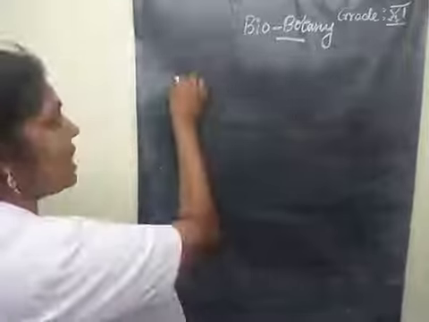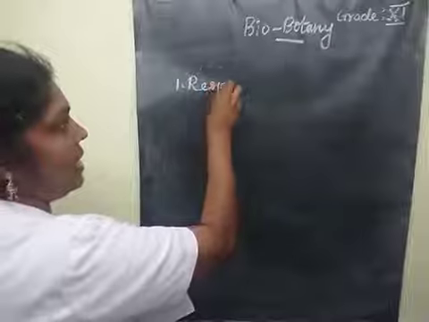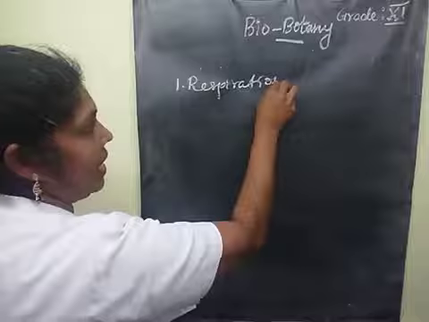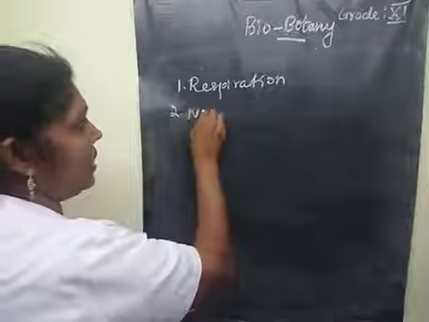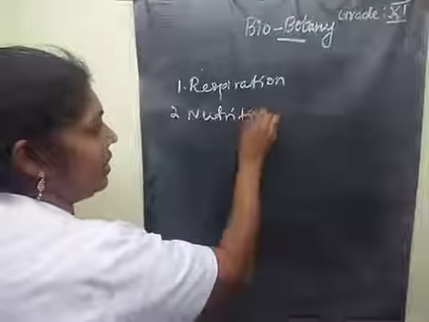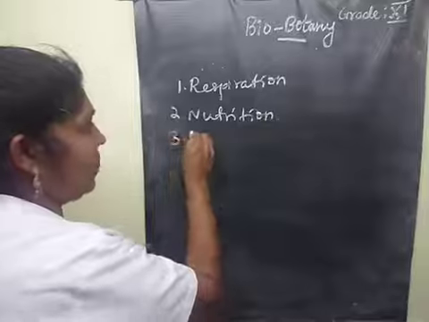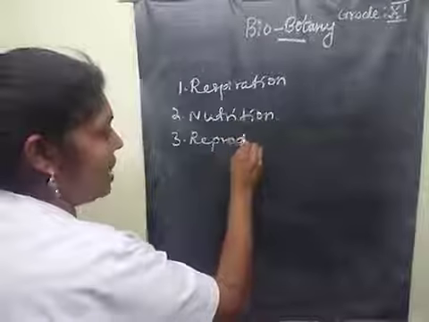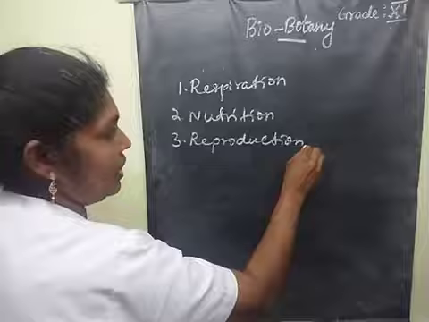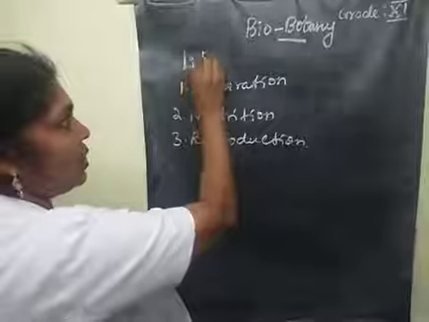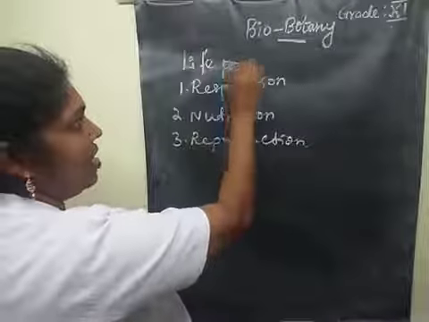The life processes mean respiration. The first one is respiration and nutrition. The last one is reproduction. Clear, children? Life processes in bacteria.